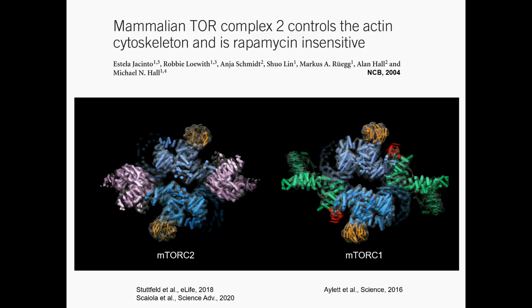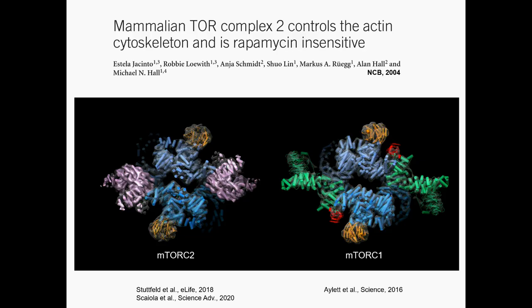And what we learned from this structure is the answer to what had been puzzling us since 2004: TOR complex 2 was insensitive to rapamycin, whereas TOR complex 1 is sensitive. And the structure revealed the answer.